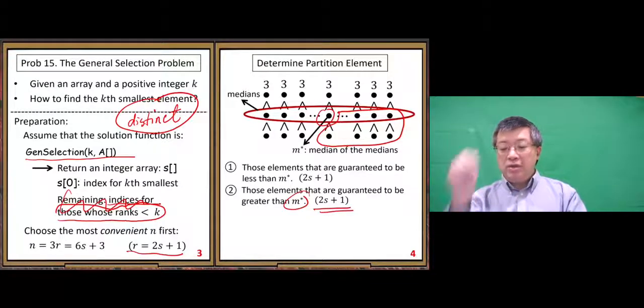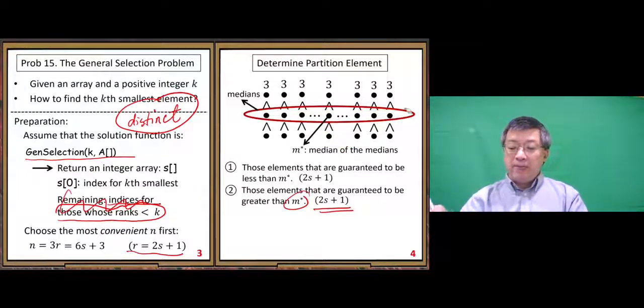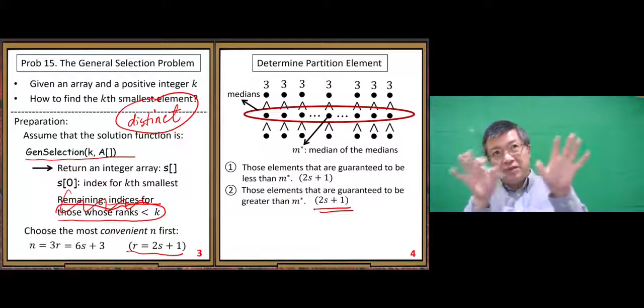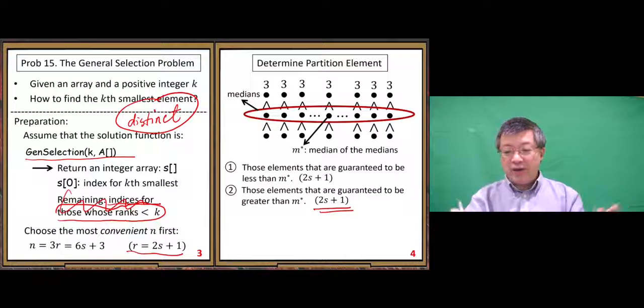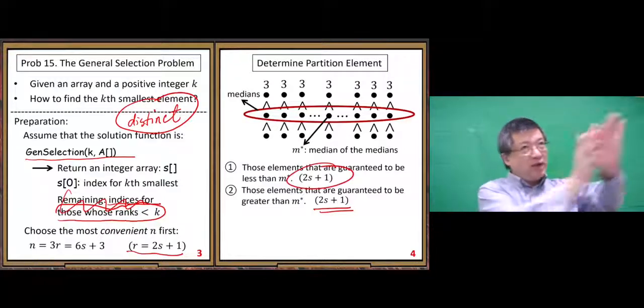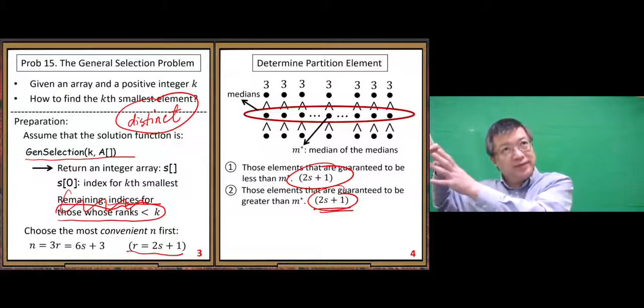Same number of elements in this bottom red circle, 2s plus 1. So now, it's good because partitioning, we want this M star to separate two groups of elements. So now we already separated 2s plus 1 left-hand side, 2s plus 1 right-hand side.